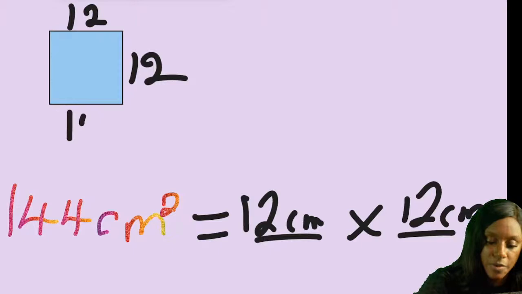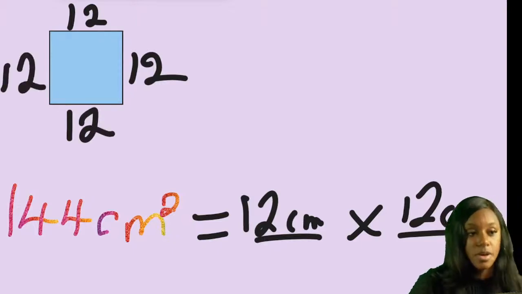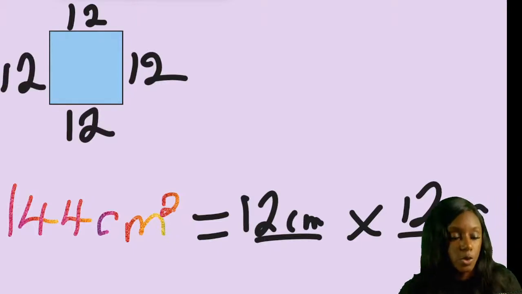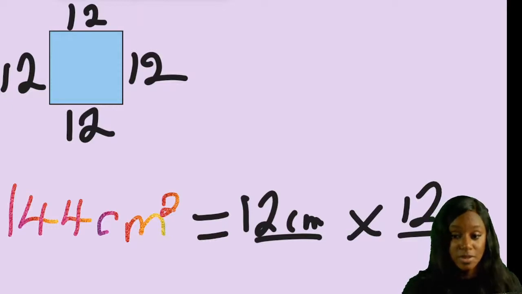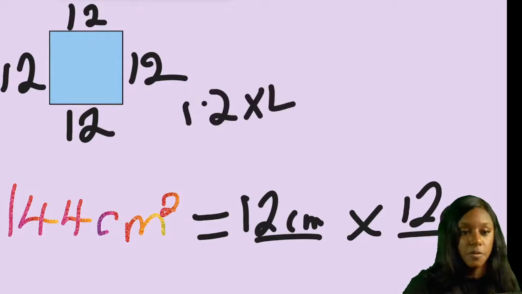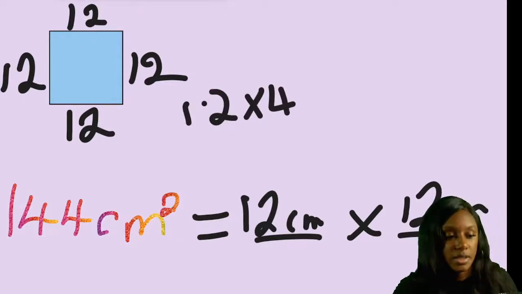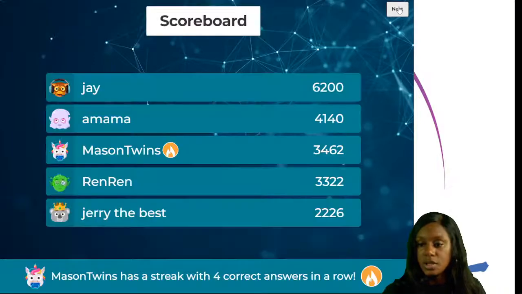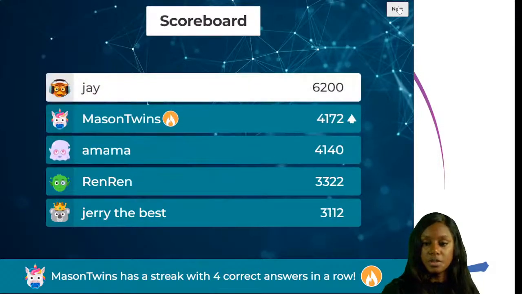So 12 plus 12 plus 12 plus 12, we're adding 12 4 times. That would give us 48 centimeters. Or you could have simply said 12 multiplied by 4, which would give us 48 centimeters. Congratulations to those who got this correct.